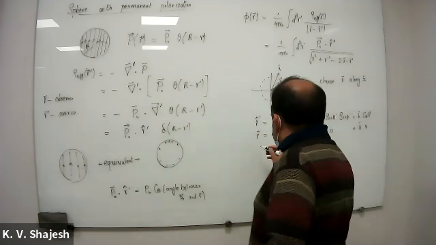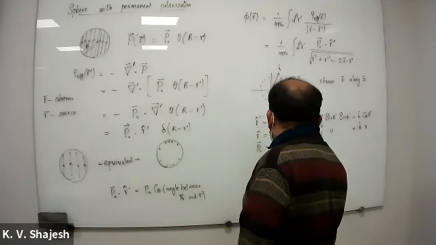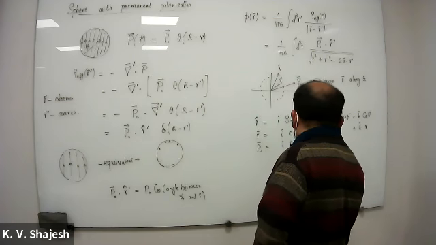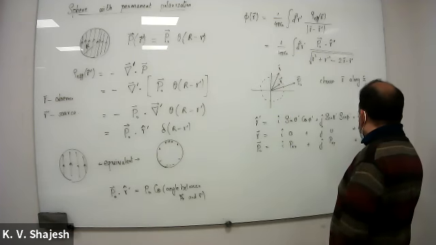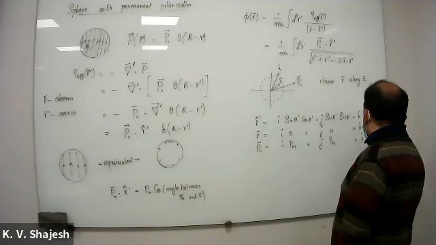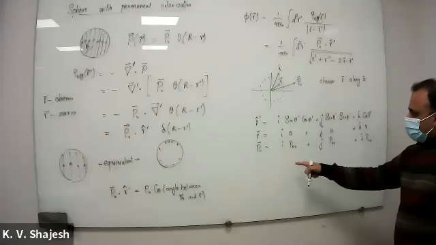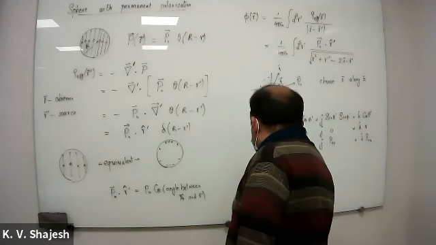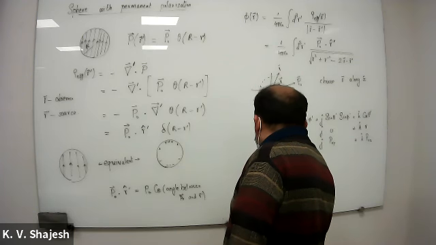And we also have P naught. And we can say this is i hat times P0x plus j hat times P0y plus k hat times P0z. We won't use this form in general, but this is the understanding. Then, what is R hat dotted with R prime?